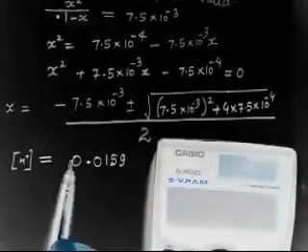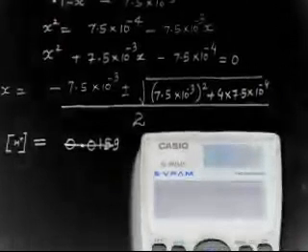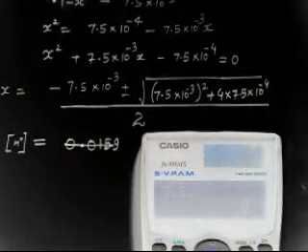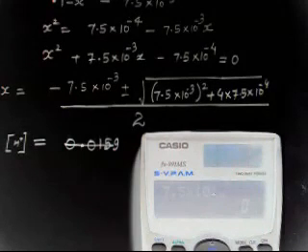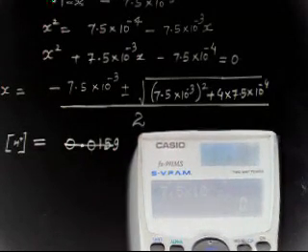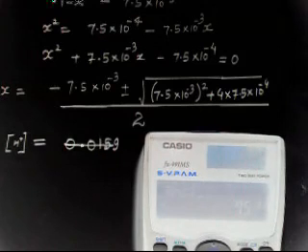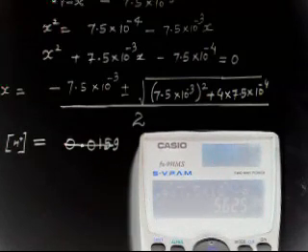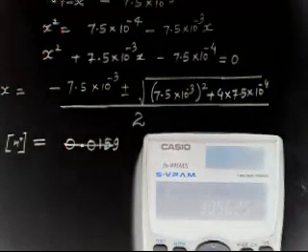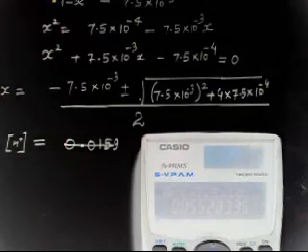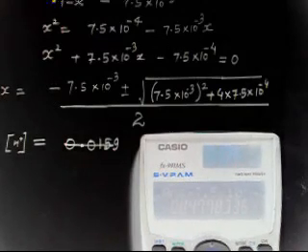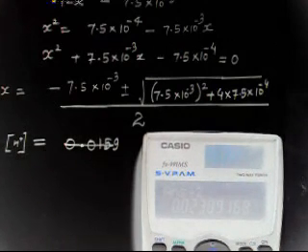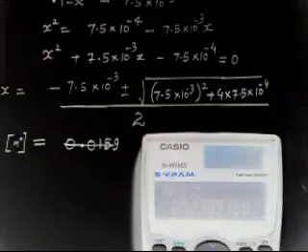So 7.5 into 10 raised to the power minus 3, and this whole square, plus 4 into 7.5 into 10 raised to the power minus 4, and I have to take the root of this, and minus 7.5 into 10 raised to the power minus 3, and then divide by 2. So this comes out to 0.0238. Basically there was some mistake in the last calculation.